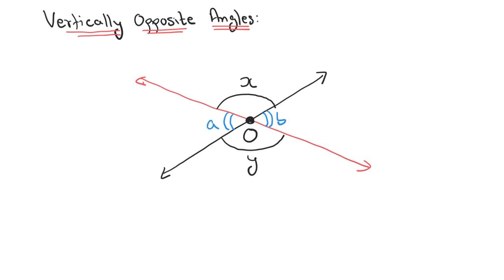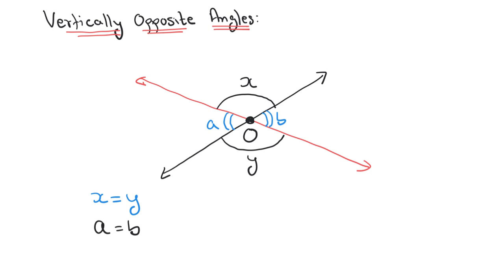So the property of vertically opposite angles is that they are always equal. So X will be equal to Y and A will be equal to B. Understand that?